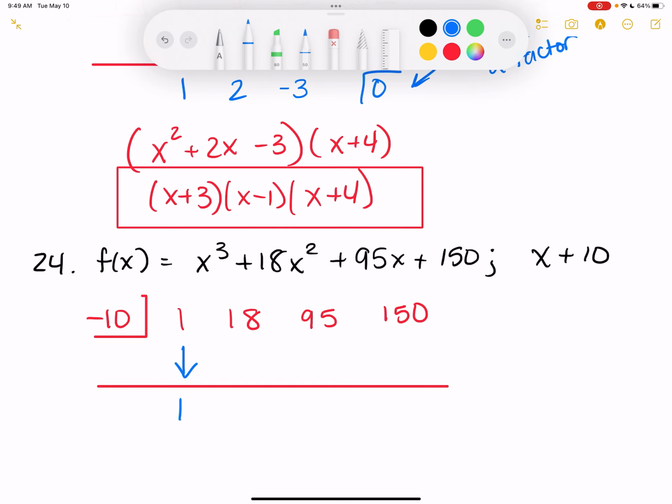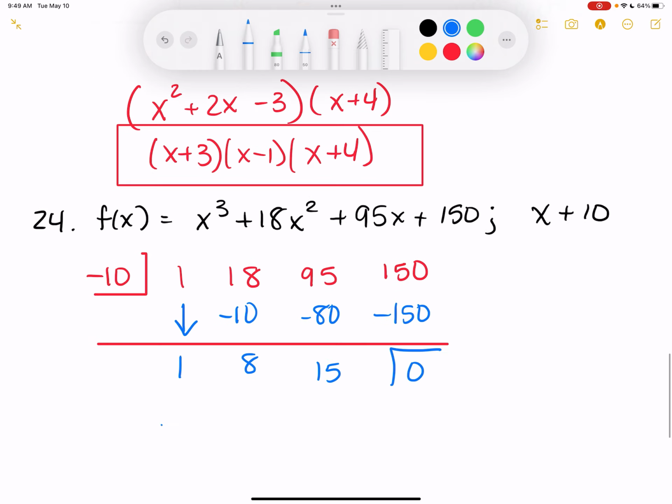So it would be x squared plus 8x plus 15 times the x plus 10.